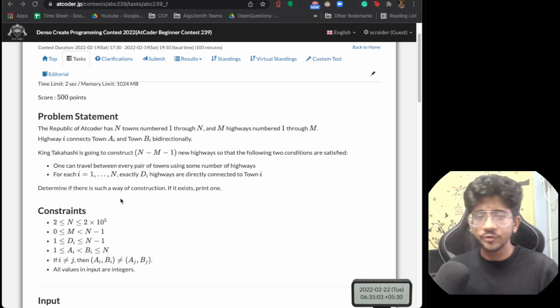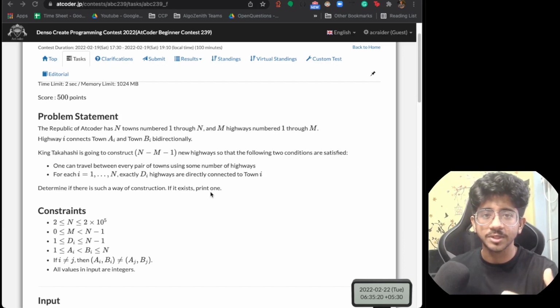Before we start with this kind of problem, you first have to note that you are asked to print a construction. Whenever you are asked to print something in these kinds of construction setups, in general it's more of a constructive problem, or you will have to devise some sort of procedure that is going to check whether it's working or not.